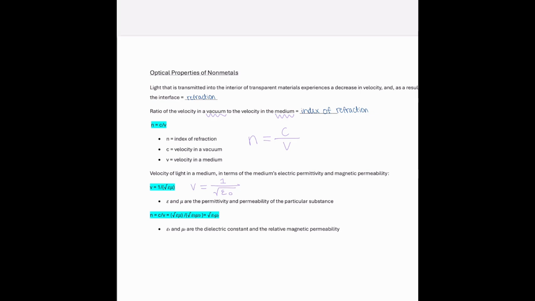And as we already talked about, we have the permittivity and permeability of a particular substance. So we can rearrange this first formula, N is equal to C over V, and we can see how the dielectric constant and the relative magnetic permeability can be used to solve for the index of refraction.